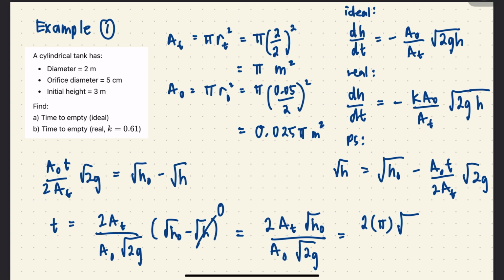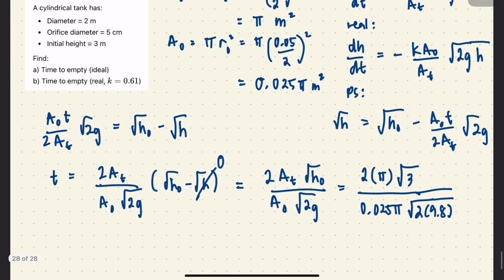Your initial height is 3 meters, all over A sub o, which is 0.025 squared pi, square root of 2 times 9.8. You use g equal to 9.8.